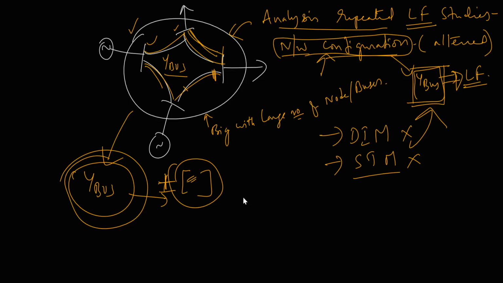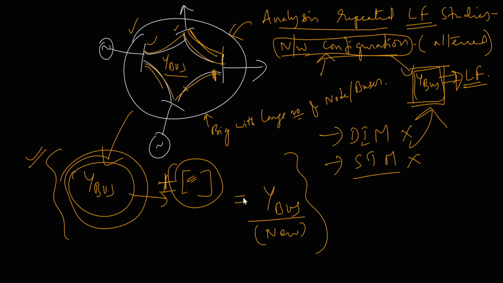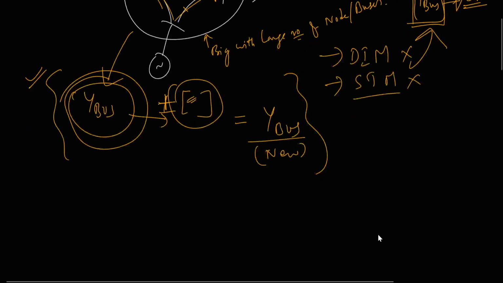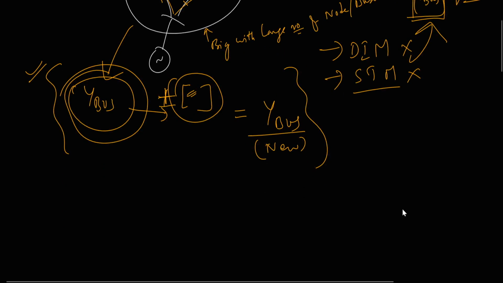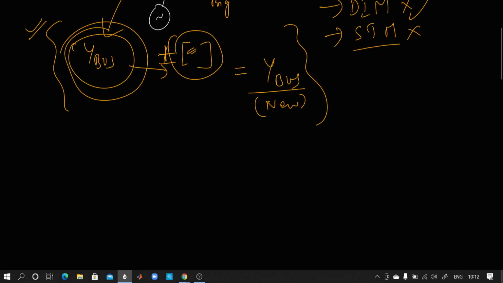So that is how, with a small number of calculations, I can form the new Y bus. This is the concept, and it is most widely used by system engineers. Now, how do they do it? Let us proceed.